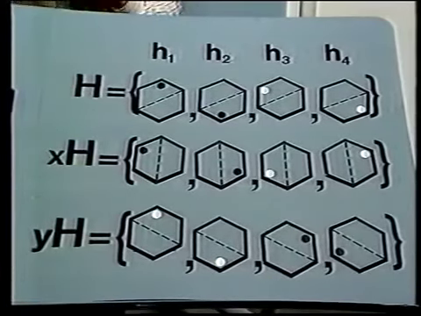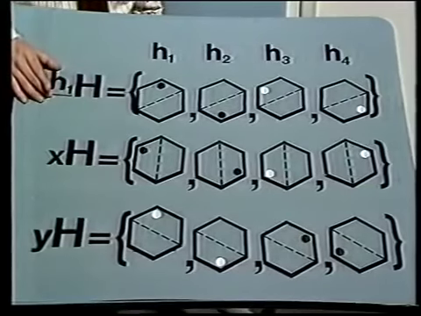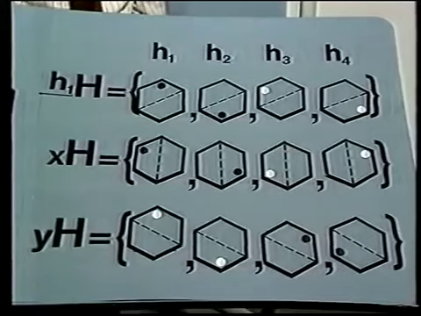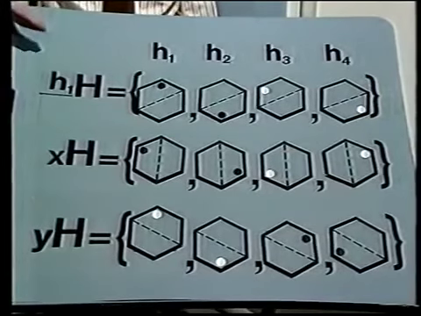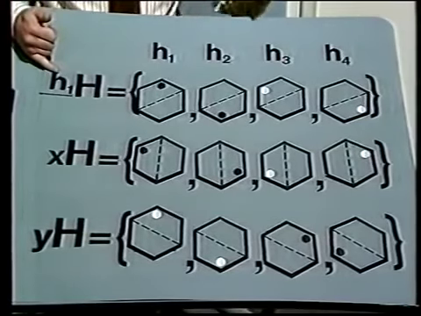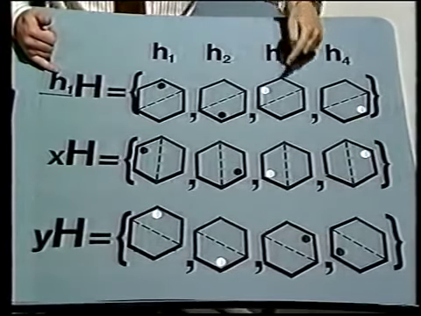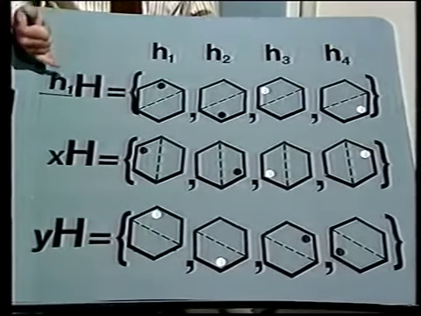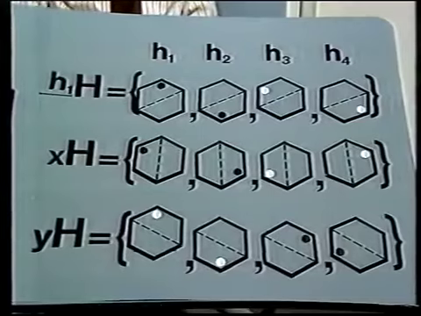It's the coset H1H, where H1, you'll recall, was the identity element. Why is that? Well, combining anything with the identity element just leaves it alone. So, for instance, H1 times H3 is just H3. And similarly for each of the elements. The coset H1H is the subgroup H itself.